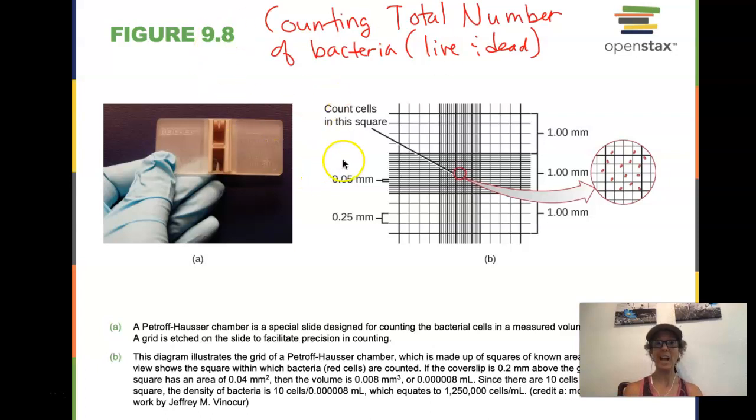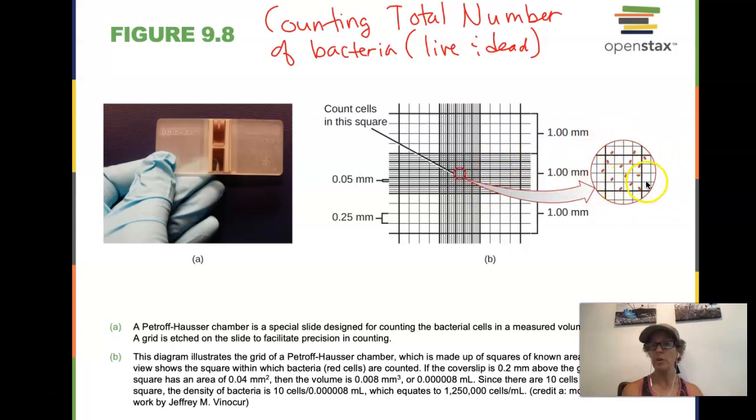We can directly count them. There's a chamber called the Petroff-Hausser chamber. It has grid lines on it that have a very specific area. The bacteria are in solution that are pipetted onto the slide, and when you look through the microscope, you see this grid.